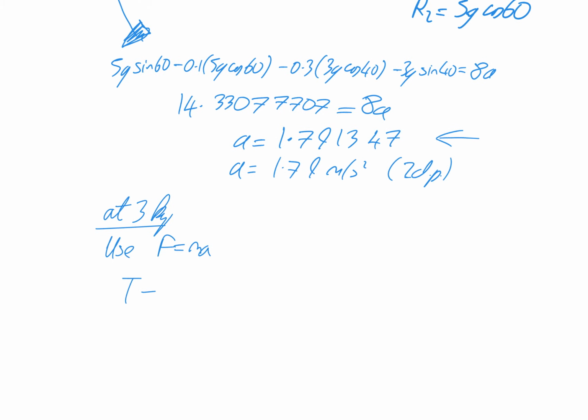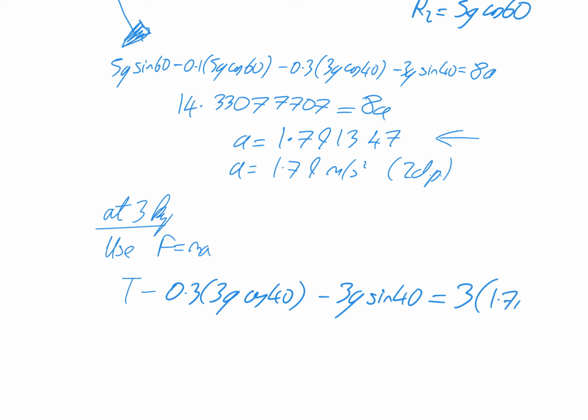And then what I had going against that was my 0.3 times 3g cos 40. I also had the 3g sine 40, and that was equal to my mass, which is just 3 this time, times my acceleration, which is 1.791347.